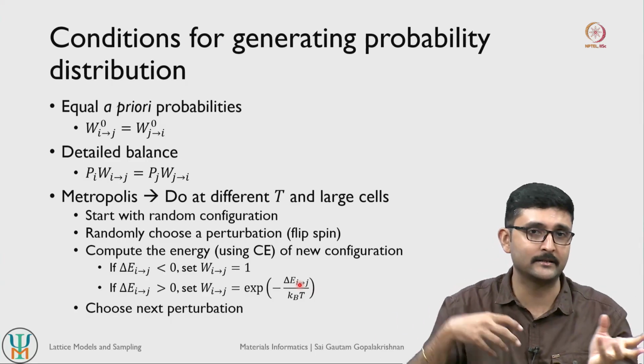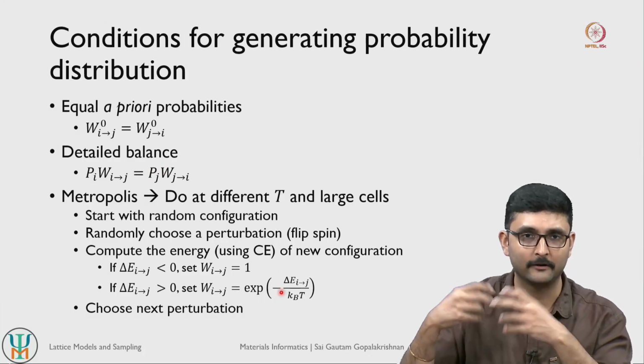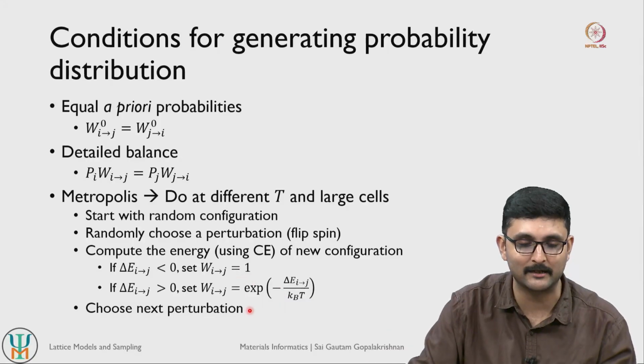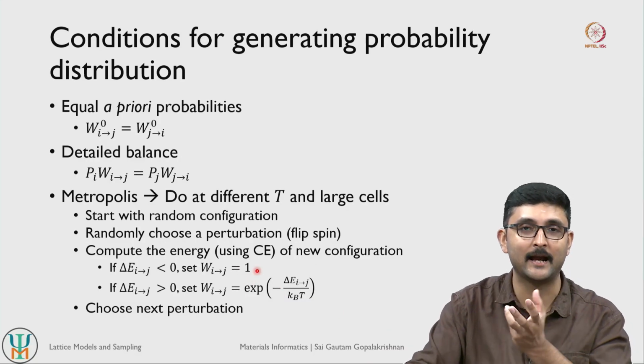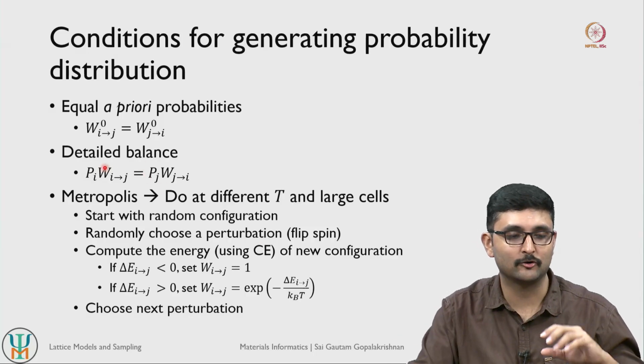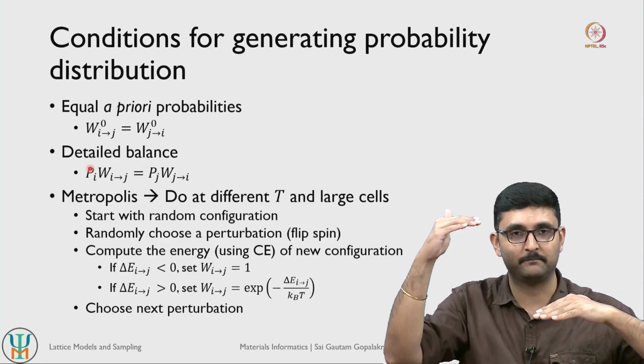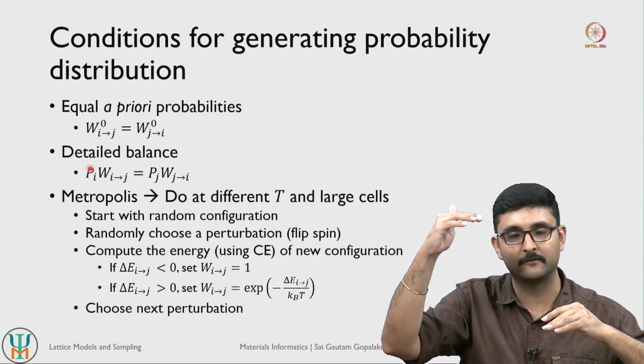So P_j, if you do the math, will be e to the power negative ΔE_i→j divided by k_B T. So we made the assumption that P_i has a probability of 1 and P_j has a probability of e to the power negative ΔE.